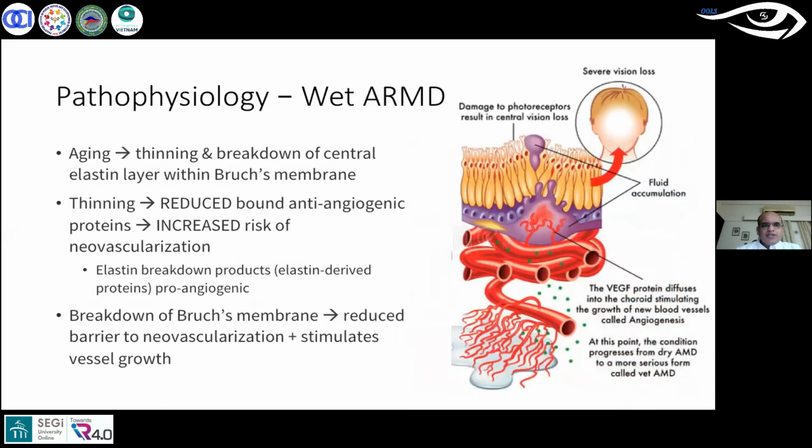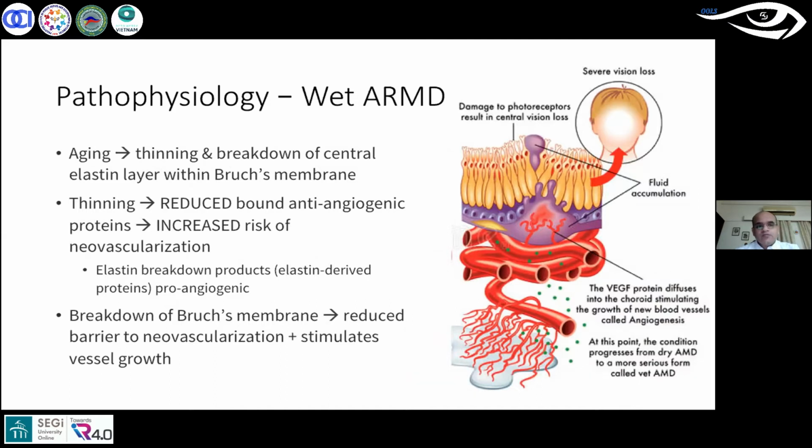Now, with aging, there is thinning and breakdown of the central elastin layer within the Bruch's membrane. So this causes two problems. One is that because the elastin layer contains anti-angiogenic proteins, those are reduced, and as a result, there's increased risk of neovascularization. Also, the breakdown of elastin causes the production of elastin-derived proteins, which are pro-angiogenic.